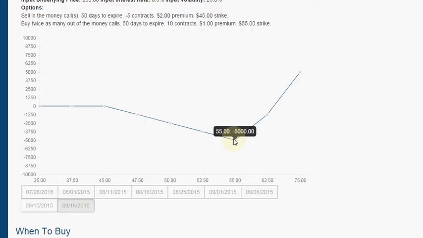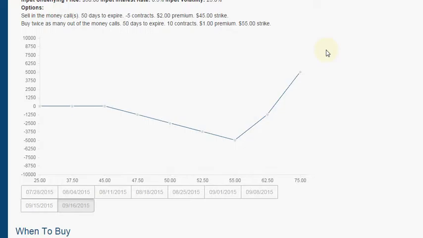At the strike price of the calls that you bought is where the maximum loss is, at 5,000, and then you start making money. And if it was to go even higher, we'd make even more. The profit on the call backspread is unlimited, and the amount of loss is limited, as you can see.